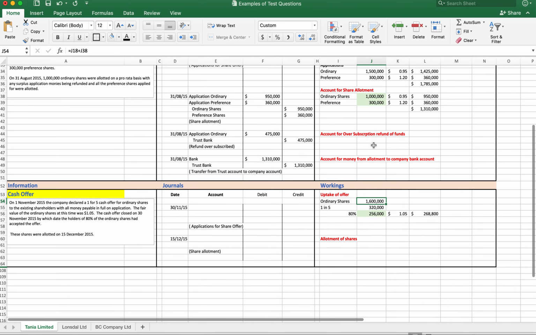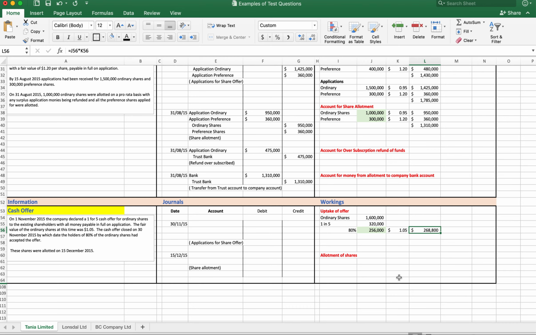We've made that offer, and we know that 80% of the people said yes. So 80% of the 320,000 that were on offer, 256,000, have been subscribed to, and they've sent in the money. So we should have received $268,800 in the bank.